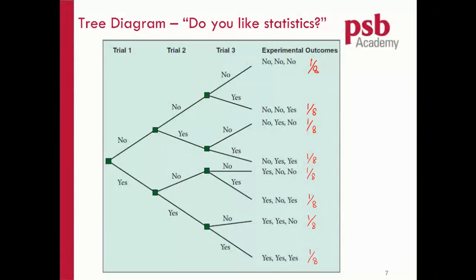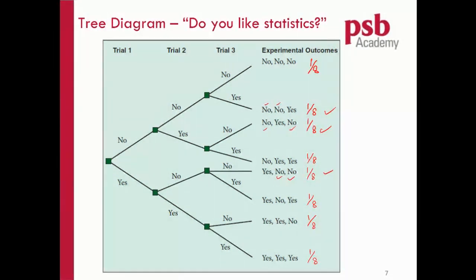Now, how about 2 of the students say no? What's the chance that 2 of the students say no? So you have to look at where there are 2 no's inside. 2 no's, okay? 2 no, okay? This one cannot. 2 no, okay?